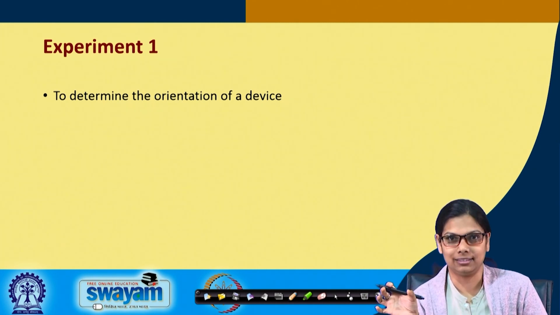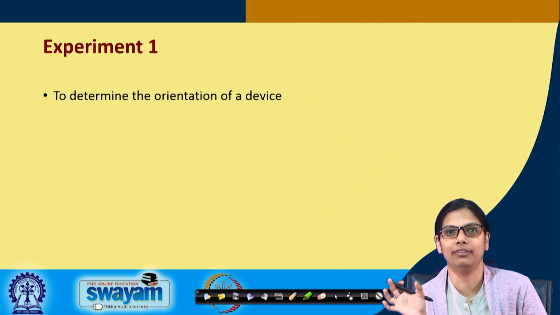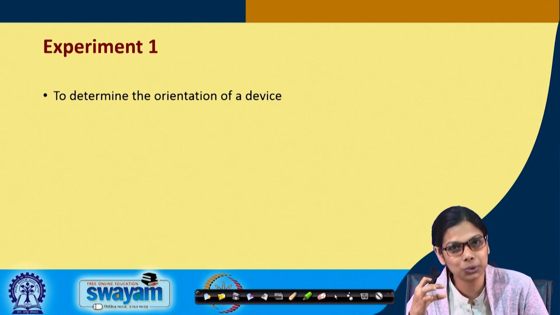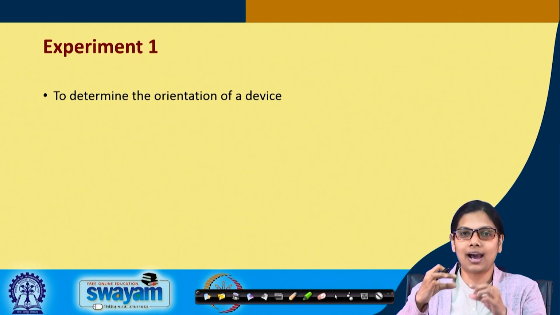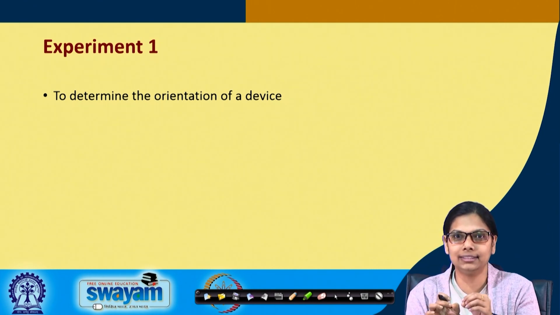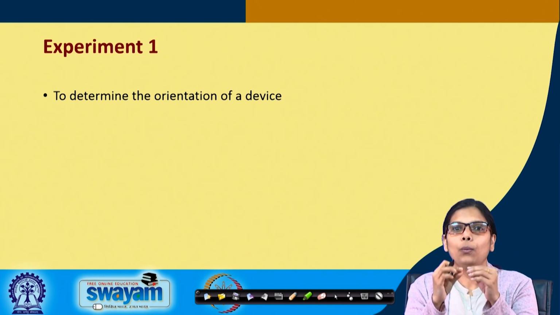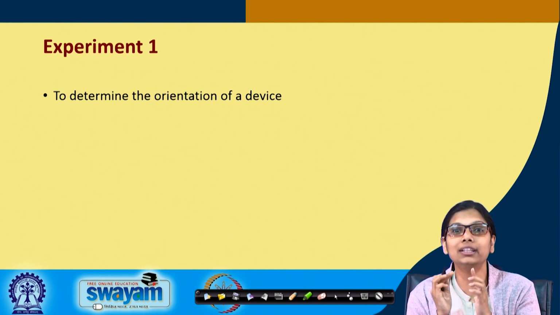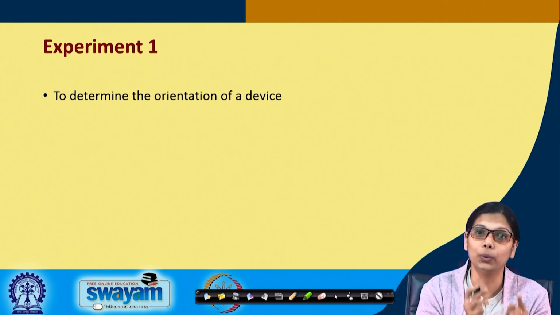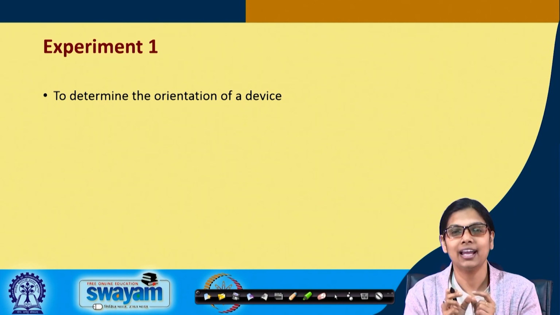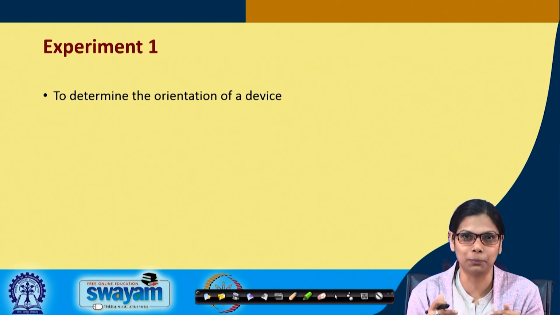Based on those coordinate values, we have to test what changes happen in which coordinates when I put the accelerometer along with a device and make it vertically straight. That is what we need to check, and accordingly we will write the program.